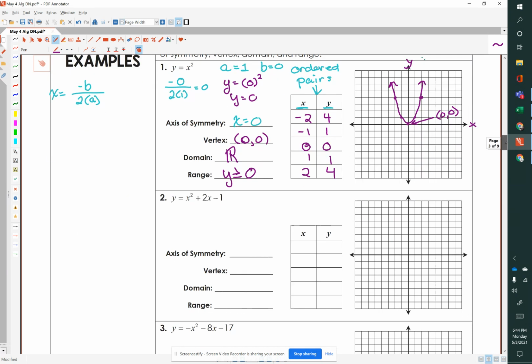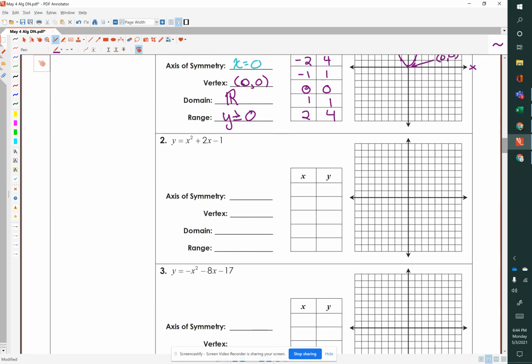So let's do number 2. We have y equals x squared plus 2x minus 1. So the first thing we want to do is find the axis of symmetry. So our a value is +1, our b value is +2.